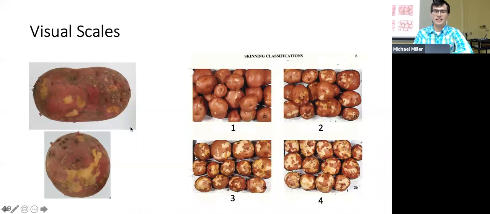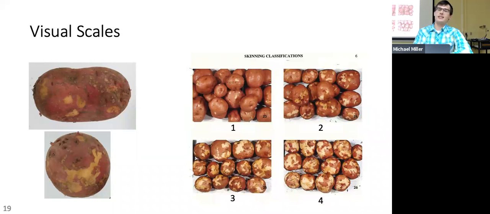Well, now you have these in your data as basically the same, but if you look at them, the amount of skinning that you see on the surface is not identical. There is definitely a difference. And you can have someone else come in and say, no, I think this top potato is a 1 and this bottom one is a 3. And you can't really compare your data with theirs because you're using a different scale in your head, sort of.